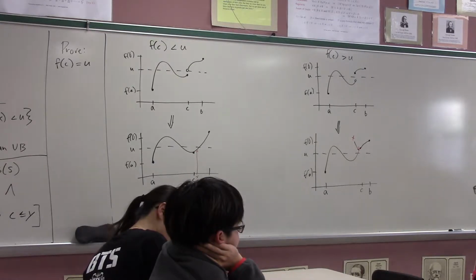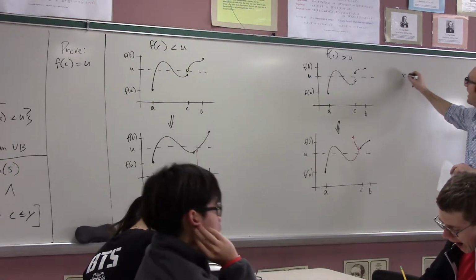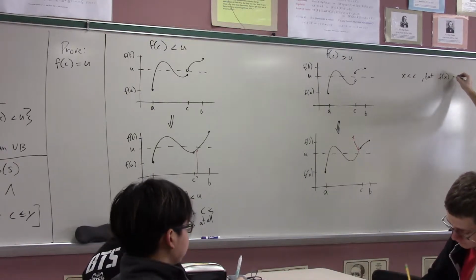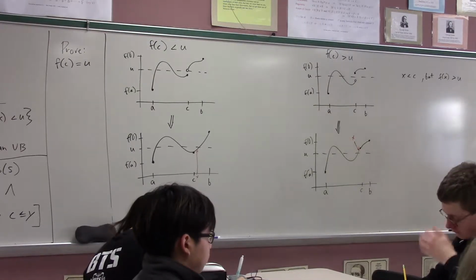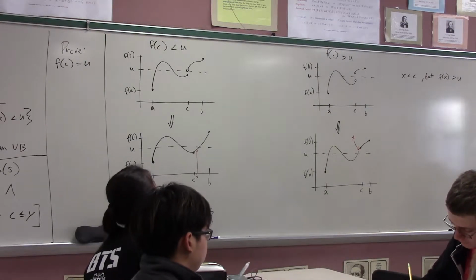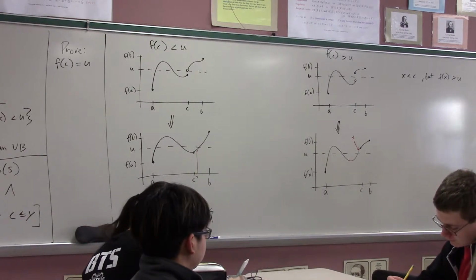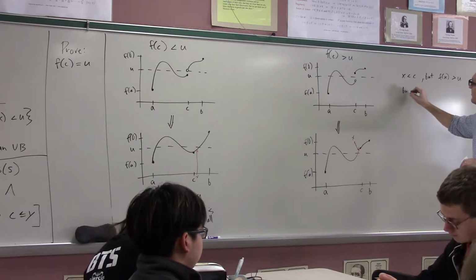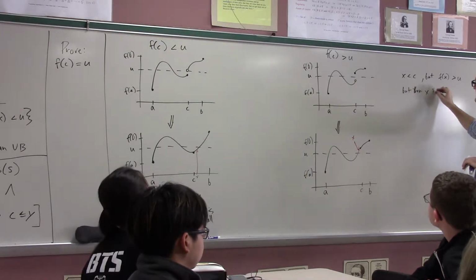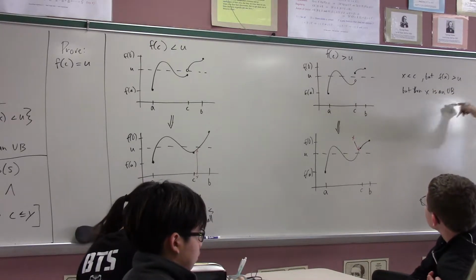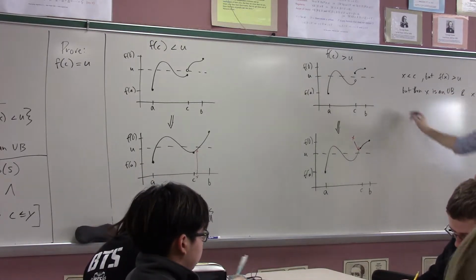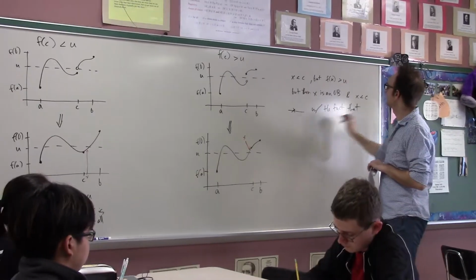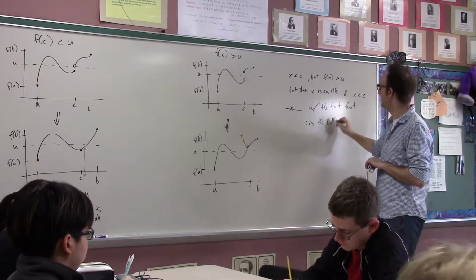Okay, but if I have an x value where x is a little bit less than c, but f of x is above the line, then that means that x is an upper bound, right? But then x is an upper bound, and x is less than c. So this is a contradiction with the fact that c is the least upper bound.